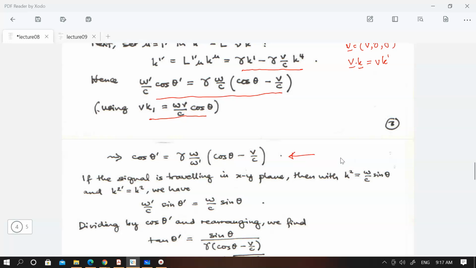Okay, and what we're going to do next is probably think of your k. Let's look at your k vector, k1, k2, k3 here, and what I'm going to do is assume that your signal is actually traveling in the xy plane. So in other words, here's your O axis with x and y here, and then essentially your light is, this is supposed to be n.